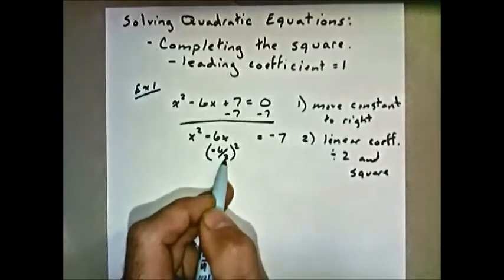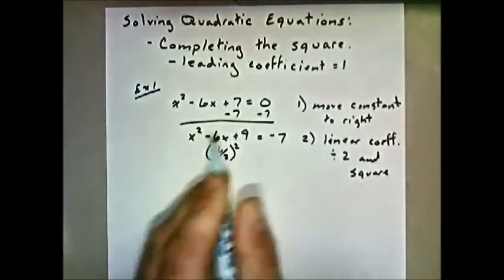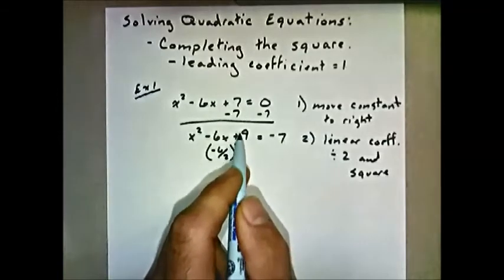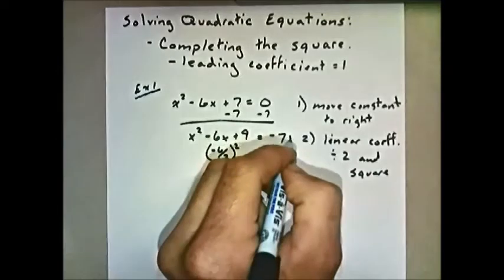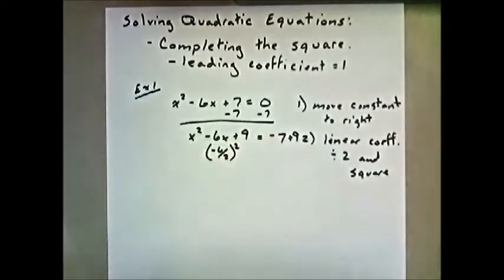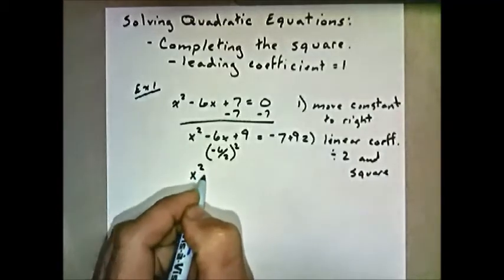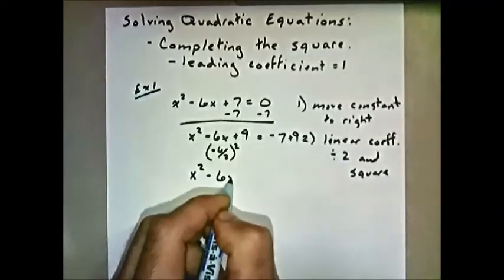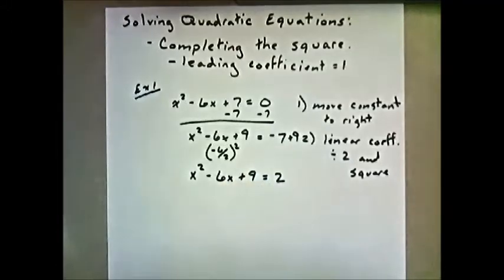Negative 6 divided by 2 is negative 3. Squared is positive 9. Remember, in equations, if we do something to one side, we have to do it to the other. So we're going to add 9 to the right side. So now our equation looks like x squared minus 6x plus 9 equals 2.